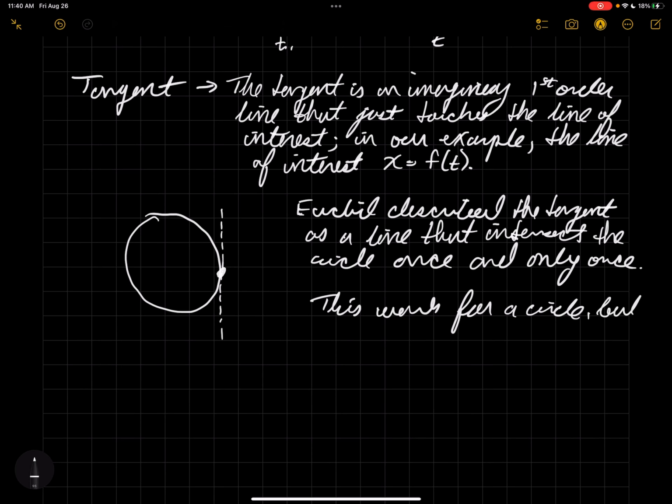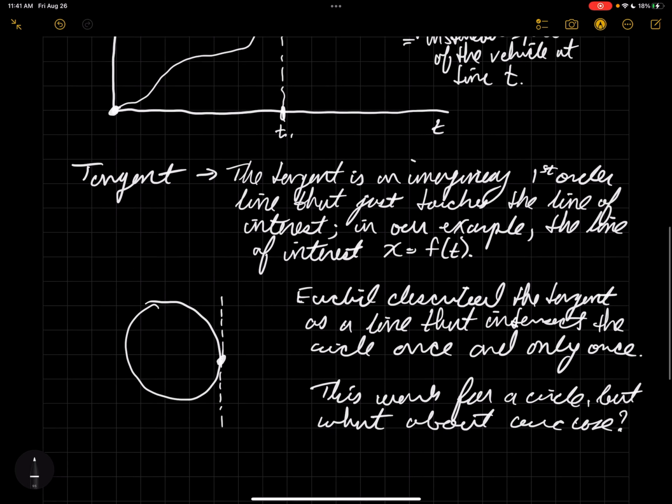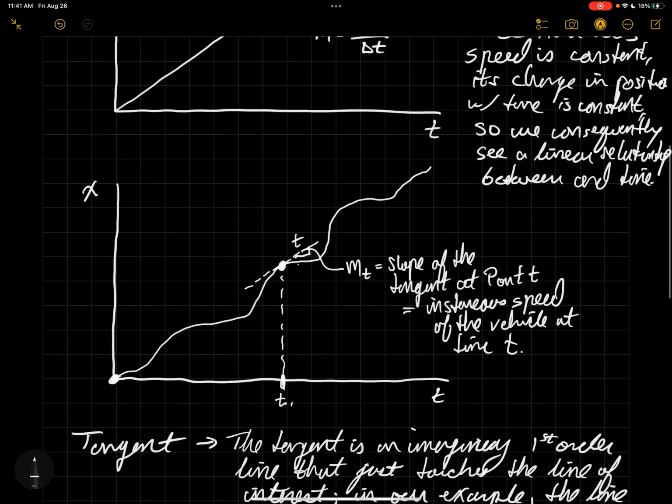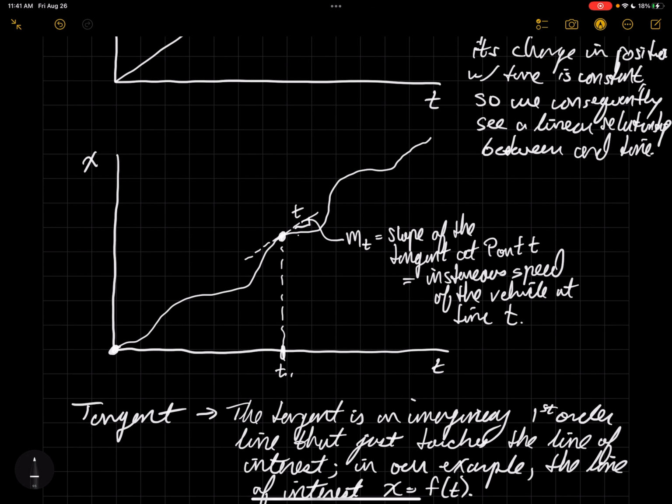but what about our case, where we don't have a circle, right? So let me return to our drawing that we have up here. And let me draw two situations where we can scribe a tangent that touches once and only once.